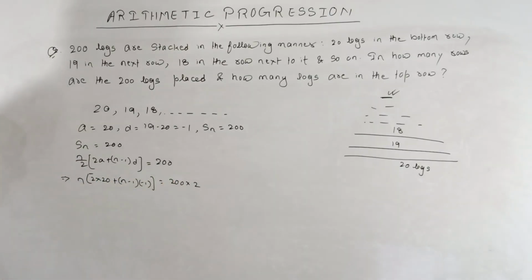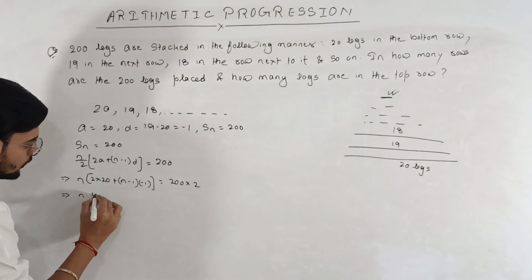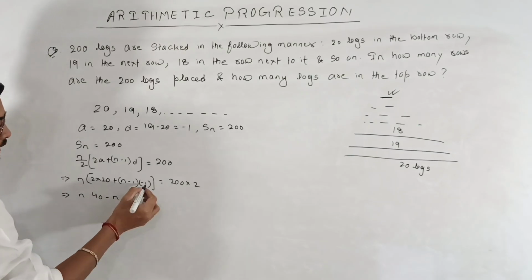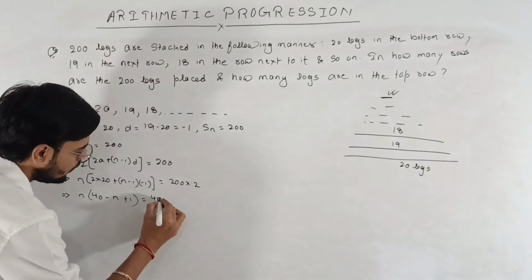Now calculate this one. So from here, n into (40 minus n, and this minus minus becomes plus 1) equals 400.